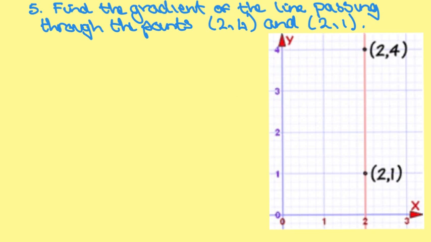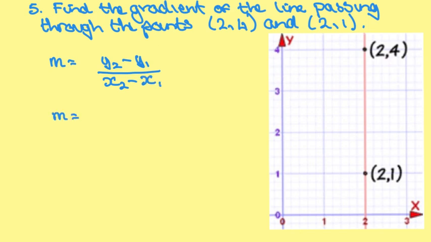Question 5. Find the gradient of the line passing through the points 2, 4 and 2, 1. If you draw a diagram of this line passing through those 2 points, 2, 4 and 2, 1, you will get a vertical line. Now if you use the gradient formula, we know that m is equal to y2 minus y1 over x2 minus x1.